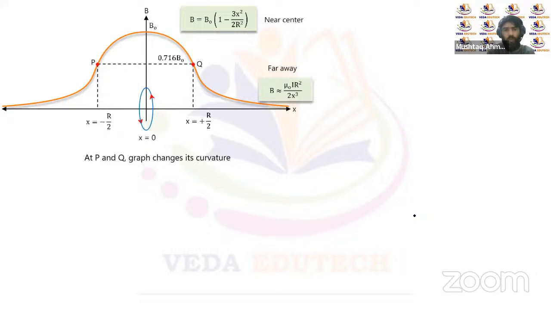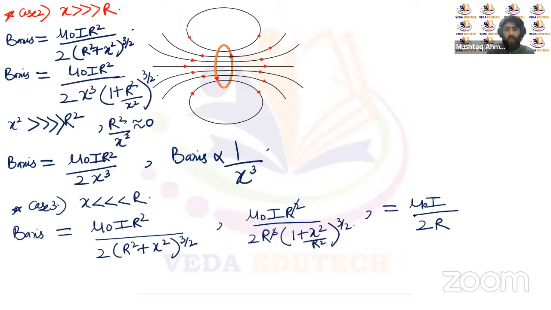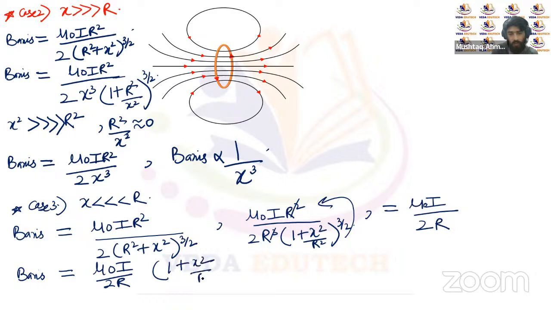So let's try to plot the magnetic field at the center of this ring. If we do an approximation to this equation, we can rewrite it like this. You can take mu naught I upon 2r outside, and taking this term into the numerator, we'll be left with 1 plus x square upon r square raised to power minus 3 by 2.